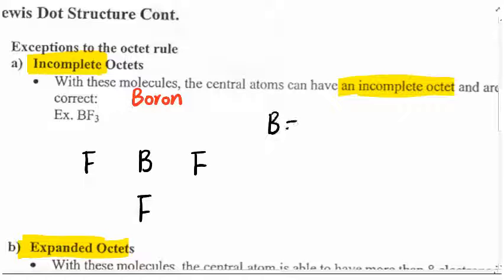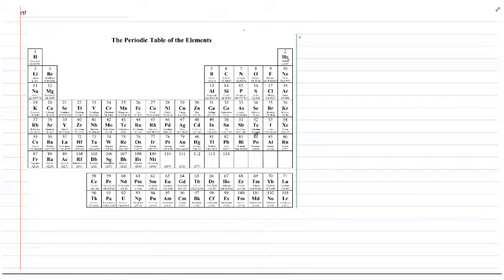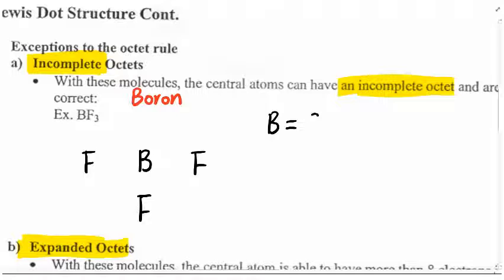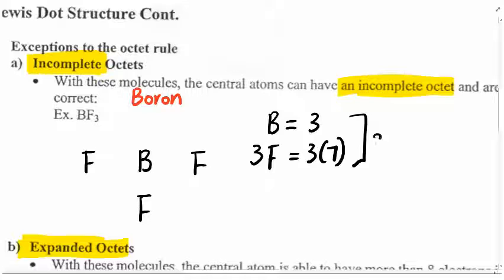So boron, looking across the periodic table, 1, 2, and 3 valence electrons. And 3 fluorine, each one of them has 7. 3 times 7, 21. So in total, we have 24 valence electrons. And I'm going to divide that by 2, which gives you 12 pairs.